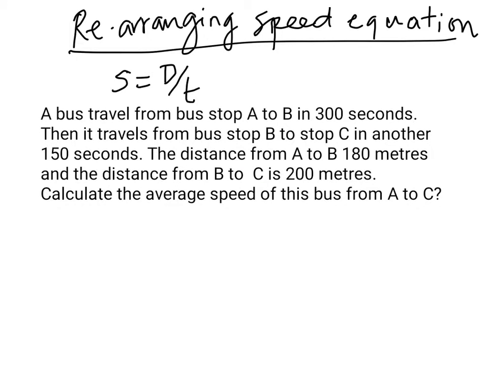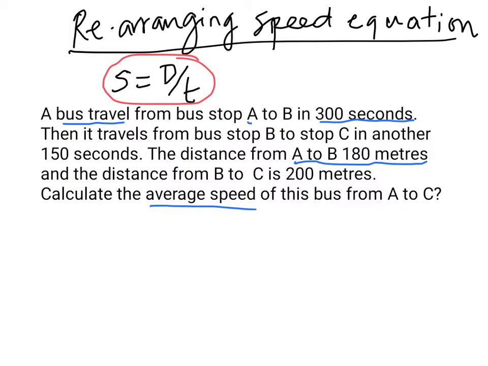Again using the same equation, but this time around we have to calculate the average speed, because we are looking at a bus traveling from A to B in 300 seconds. That's the time for the first section of the bus's journey. And the distance from A to B is 180 meters.